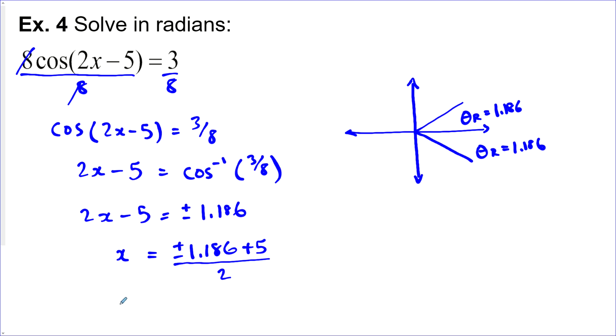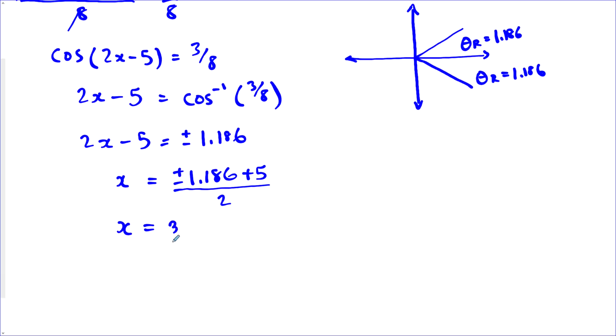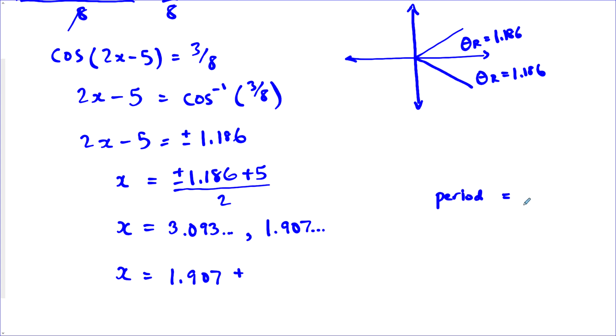This gives us two solutions. We've got 3.093 and 1.907. And we want to write these in general form. So we need the period. Don't just add 2 pi each time. The period would be 2 pi divided by the b value.